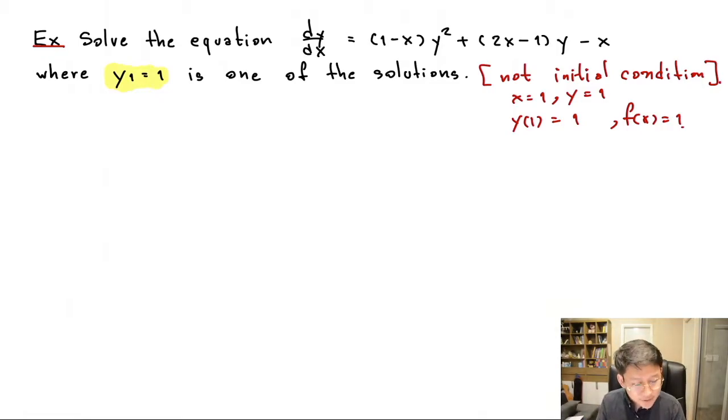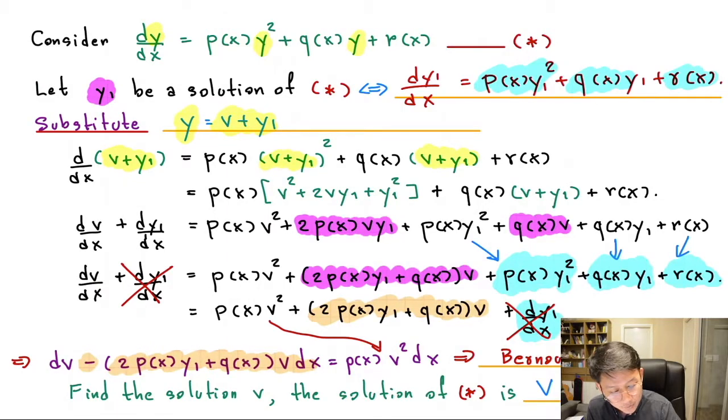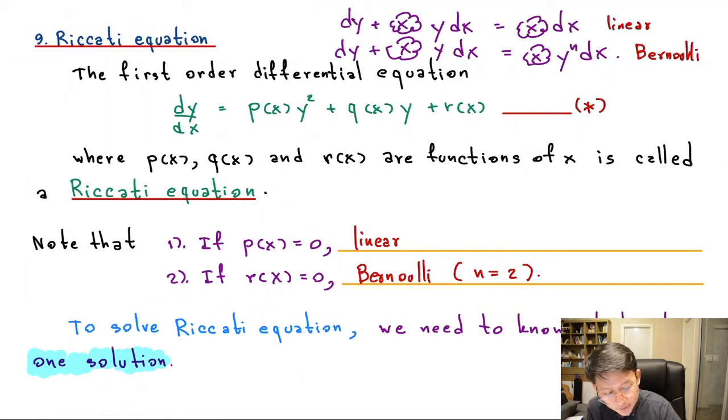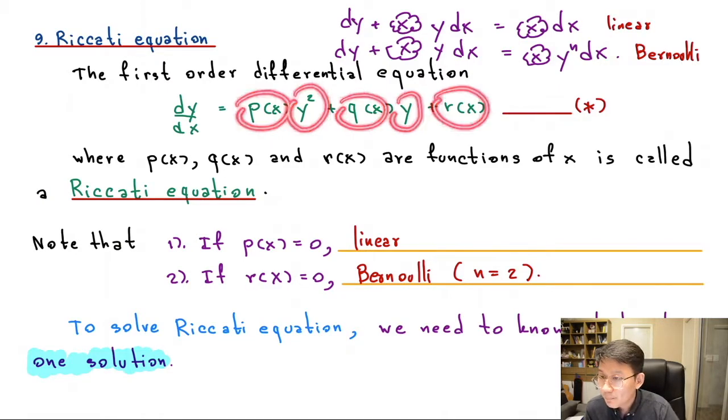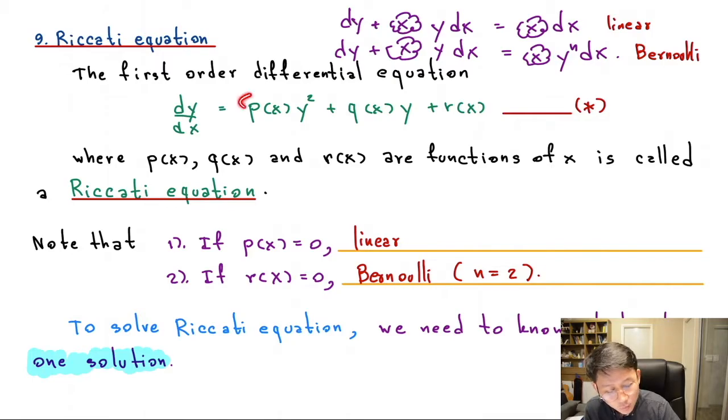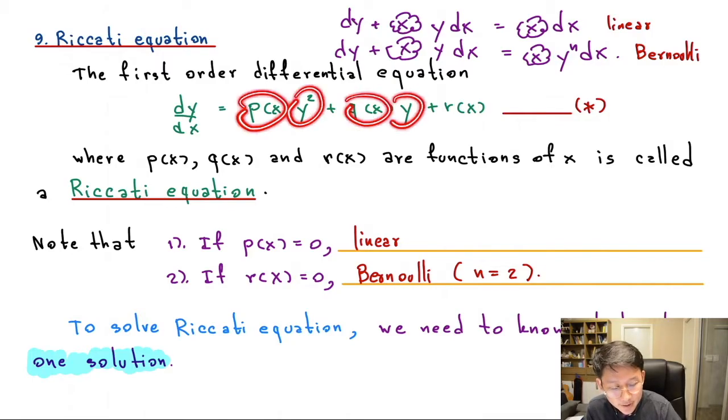equation. And to verify that, see guys, you have some x here, and then you have y squared, and then you have another some x here, and then you have y, and then you have just some x, which is exactly the same as the Riccati. See, you have some x, y squared, some x, y, and some x.